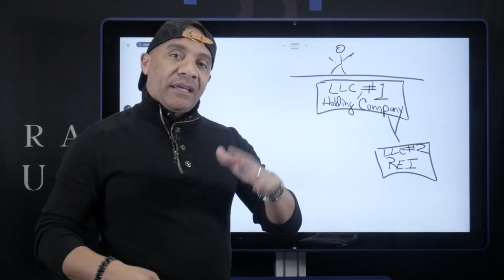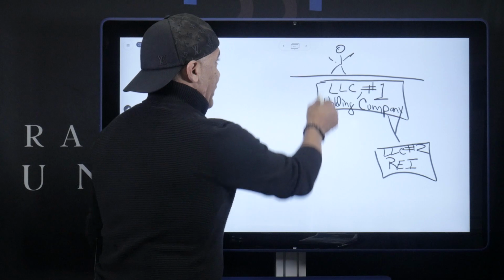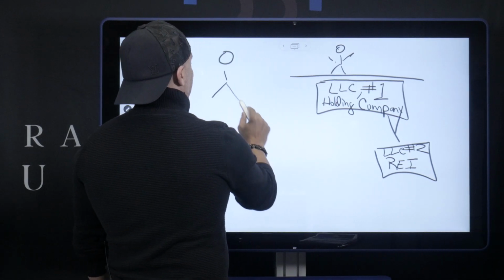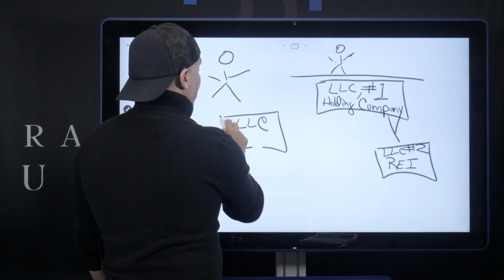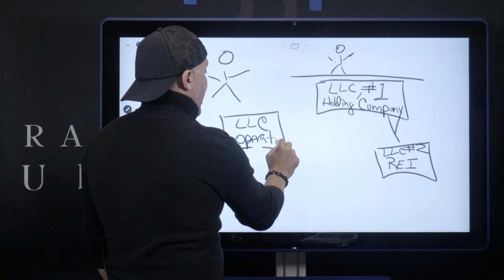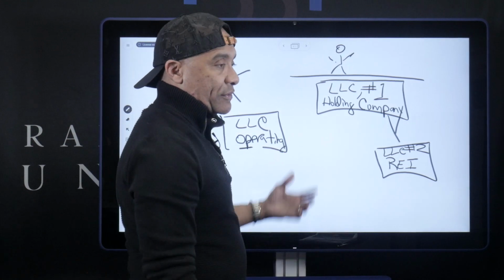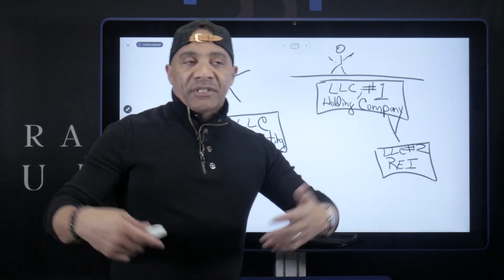Now, let's say in another scenario that you already have a company. So let's say you already have a LLC or some other type of company. That would probably be considered an operating company because you're selling products or providing services, whether it's a tree business, a shoe shining business, a marketing business, whatever the business is.